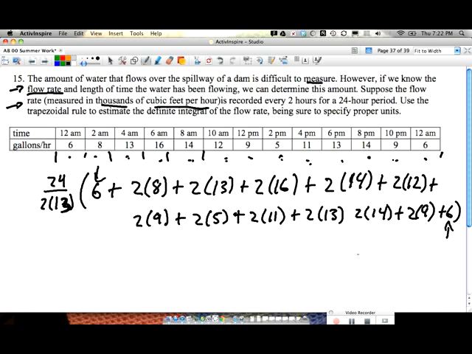Why? Because the first and the last one do not get doubled. In this case, they're actually the same, so that's kind of weird. It's like it doubled by luck.